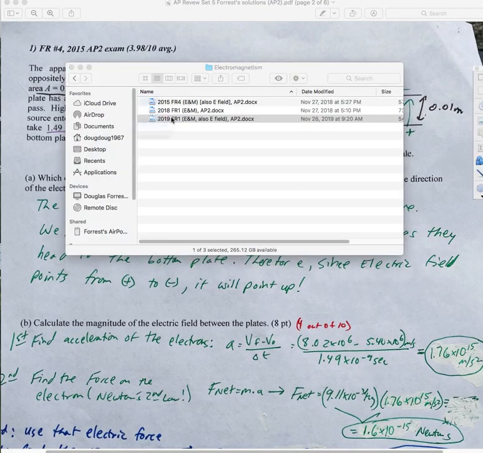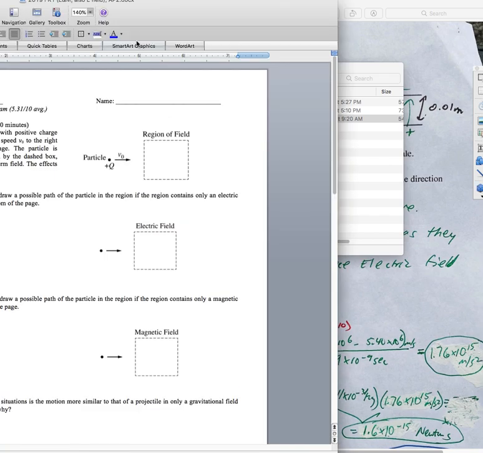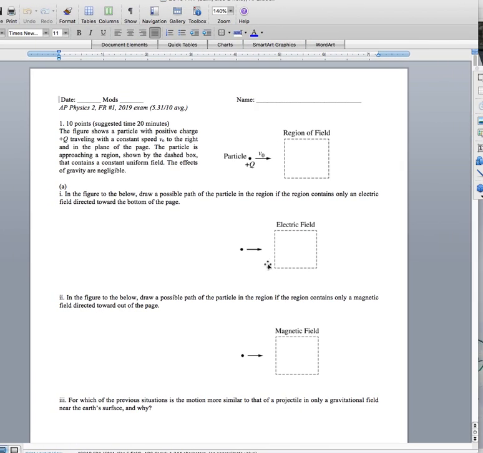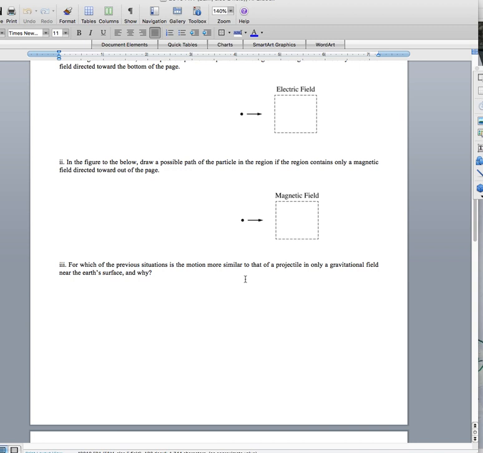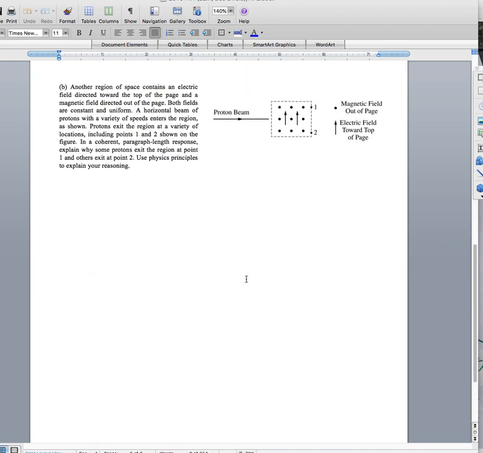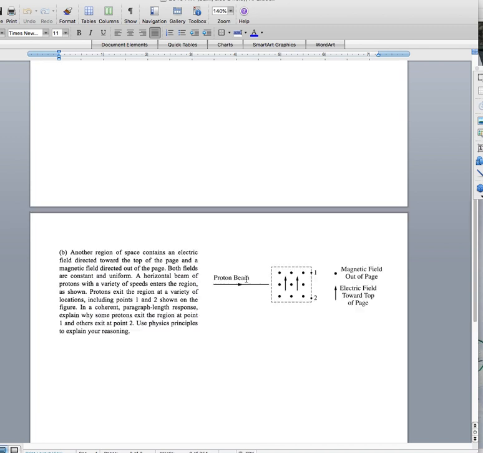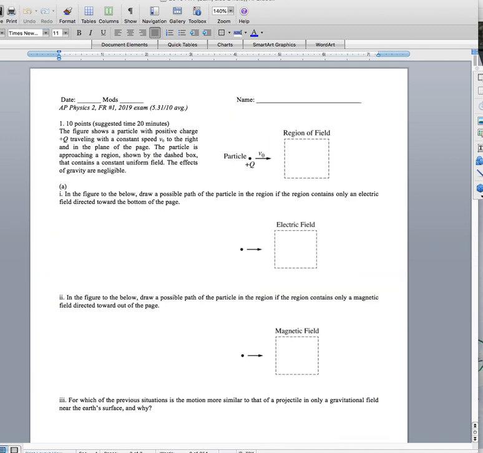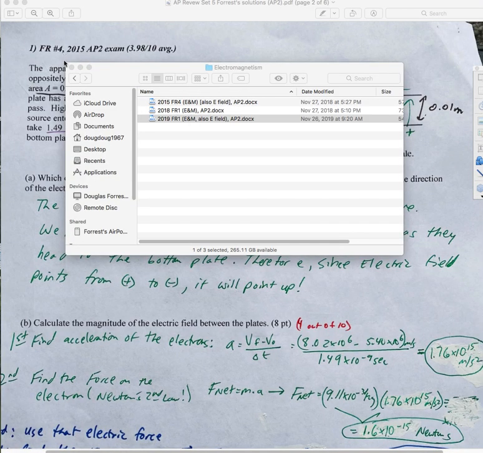And then this is from the 2019 exam. Notice here they're going to be combining things with electric field and magnetic fields and things like that. Okay, I will probably post those.